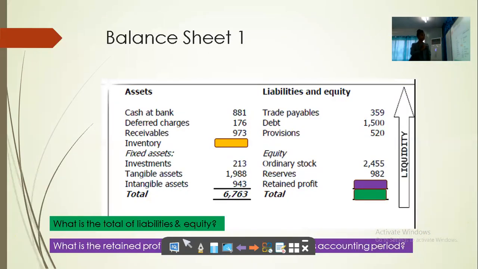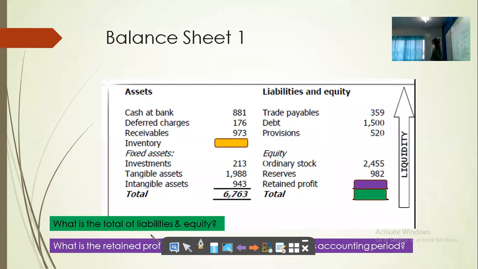Now you have questions, three questions that we'll try to solve together. So this is an example of what sort of financial statement is this? Balance sheet statement. Balance sheet. Okay. So what is the first question? What's the total of liabilities and equities?